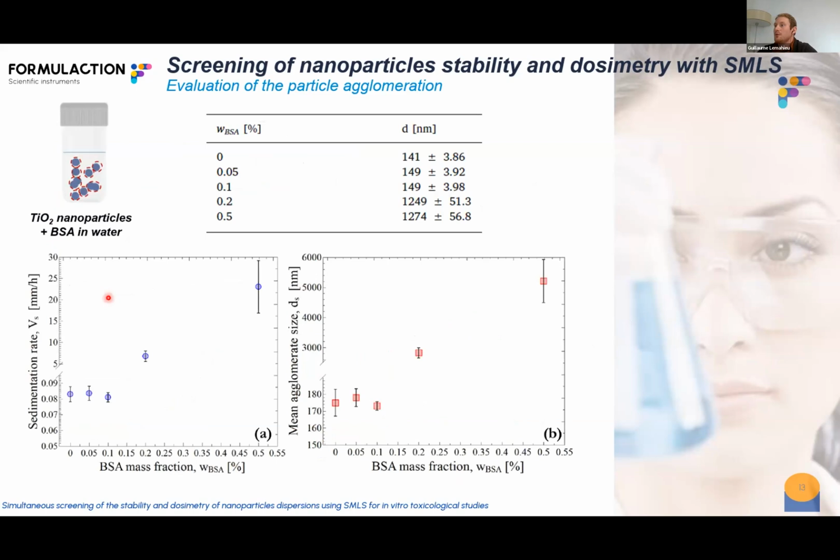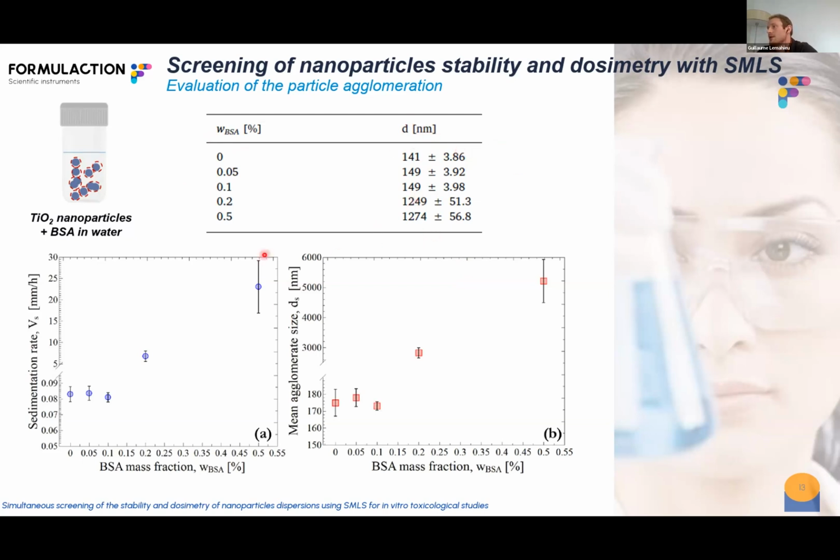So what we do is that we apply all this technology to our procedure to prepare the most representative dispersions of particles, here titanium dioxide. We measure, with different concentrations of BSA in water, the mean particle size at initial time.